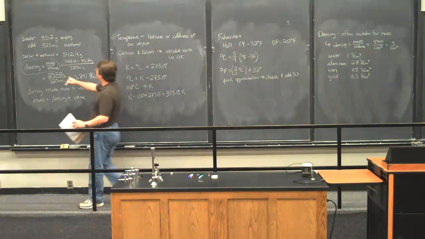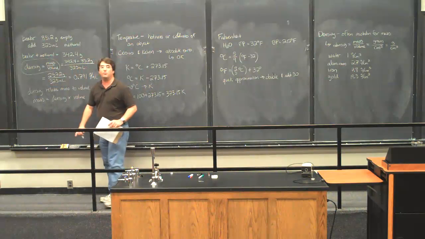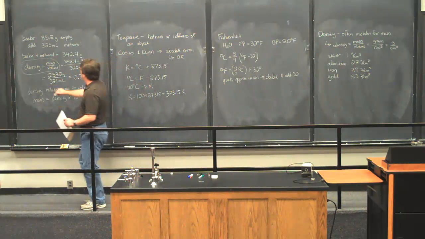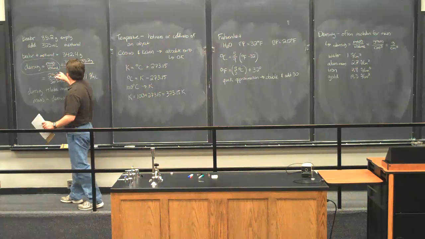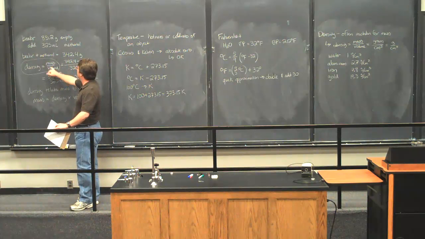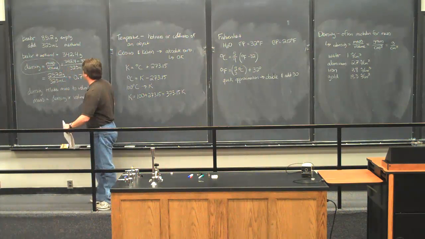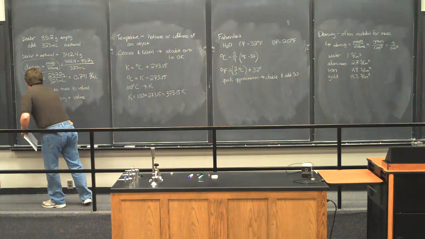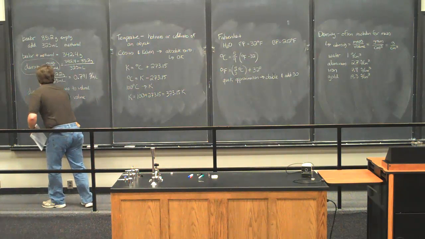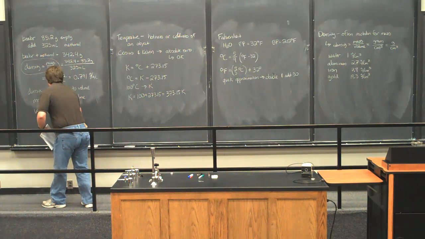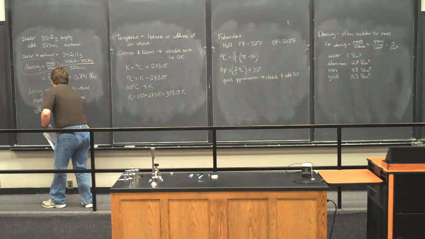Likewise, if I wanted to solve for volume, I need to get volume all by itself. Basically, what I'd have to do is multiply both sides by volume, and then divide both sides by density. And you guys can prove this to yourself. But volume is going to equal mass over density.